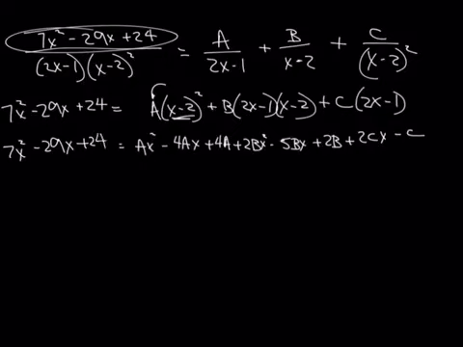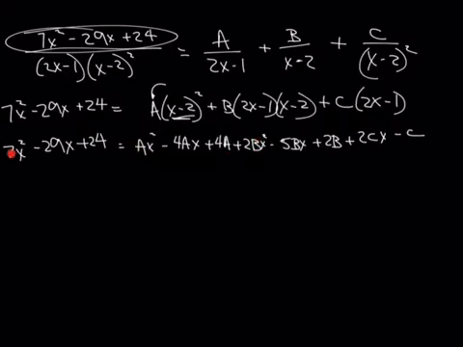All right. One of the things that I want to bring up is the fact that our x squareds, the two of them that we have here, relate to this.